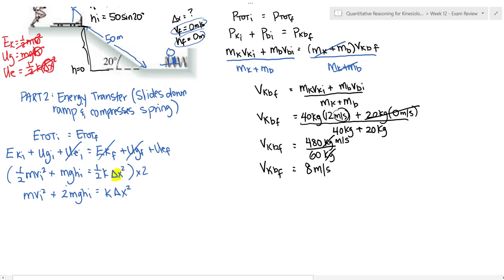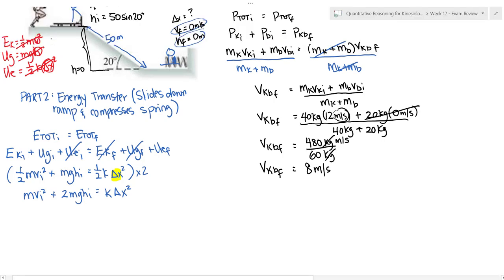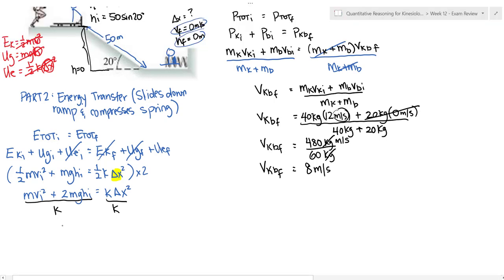Notice that I don't have mass in all my terms, so I can't cancel them out. I'm solving for delta x, so I'm going to divide both sides by k. And then after that, I'm going to square root, so I get rid of that squared. So I have delta x squared is equal to mv initial squared plus 2 mgh initial over k.